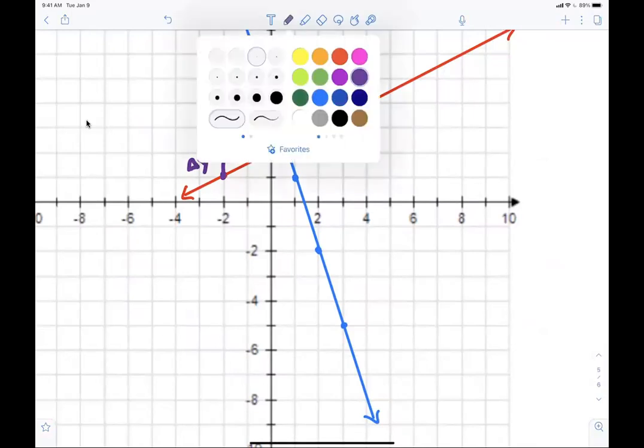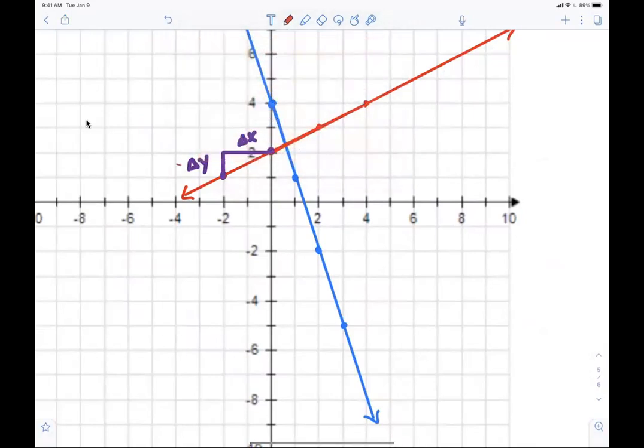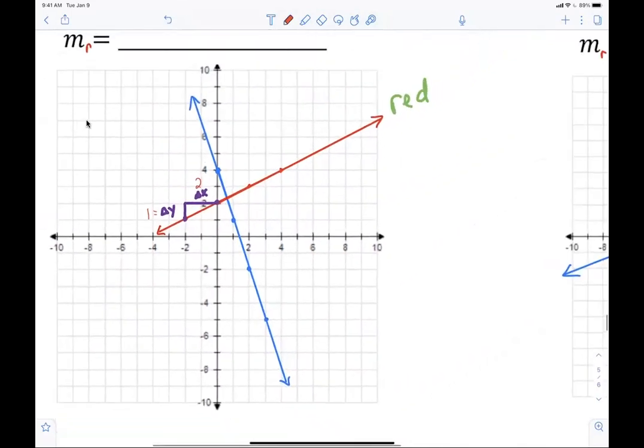So delta y is what again? Height, which in this case we said was what? 1. And how much did I go to the right? 2. So now you should be able to look at that and say that slope is again delta y over delta x, which is just what? 1 over 2. Come on, guys, please don't make it any harder than that. That's all it is.